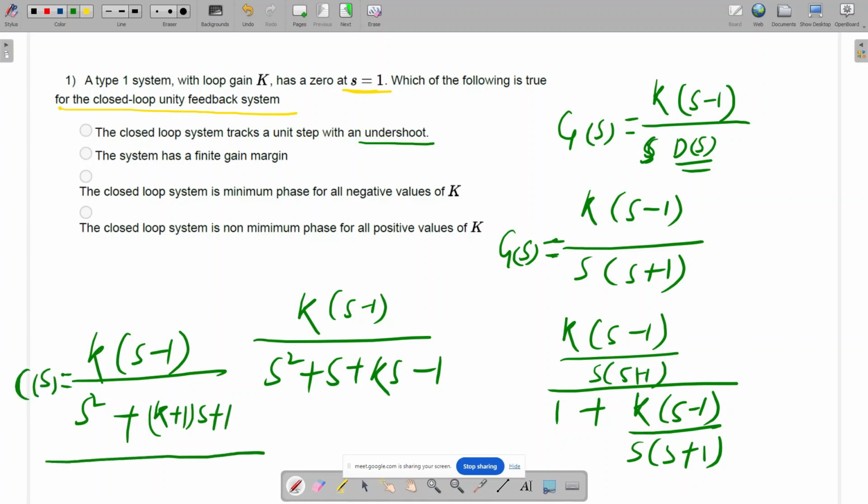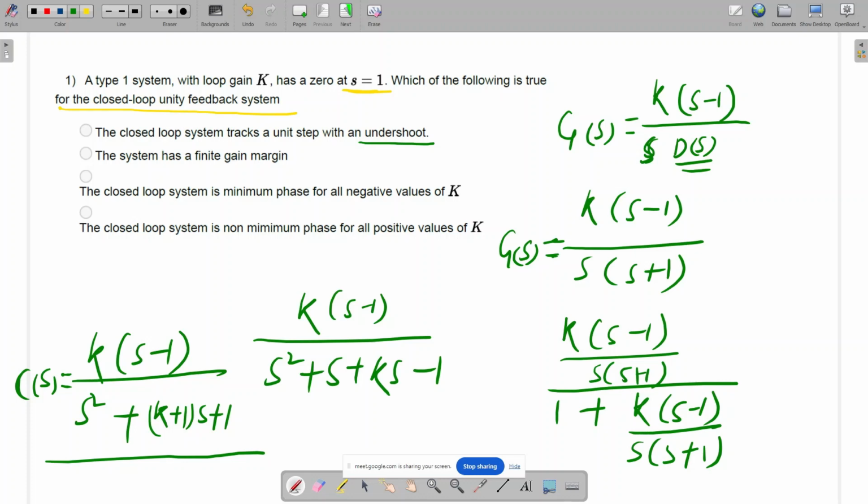Now what will be the step response? Will it be correct or incorrect? Any guess?